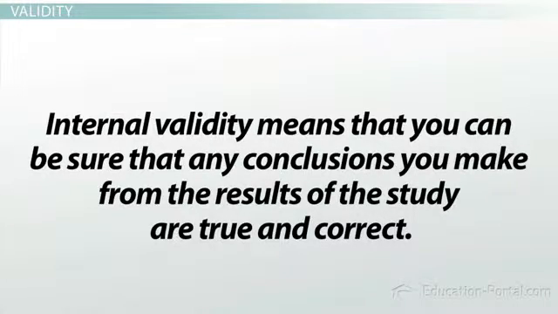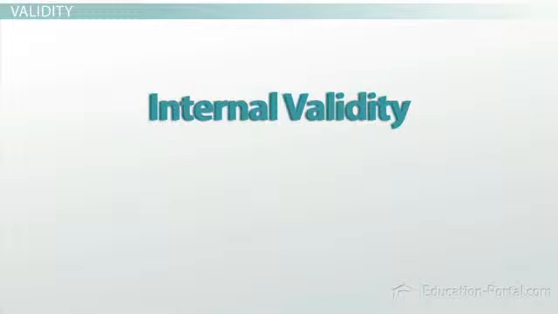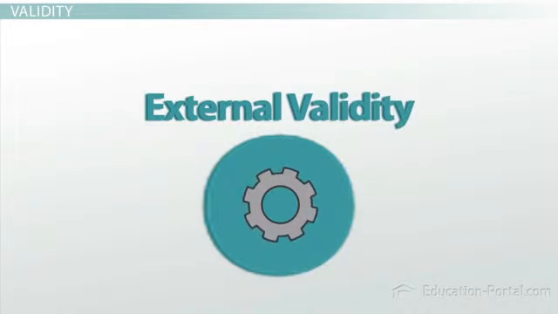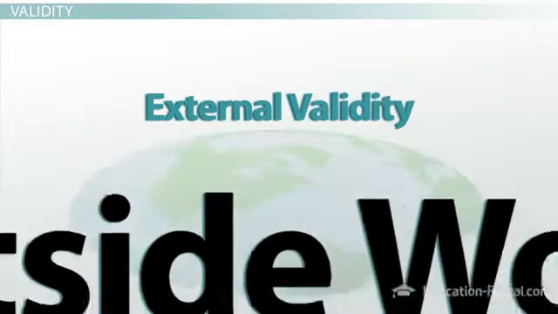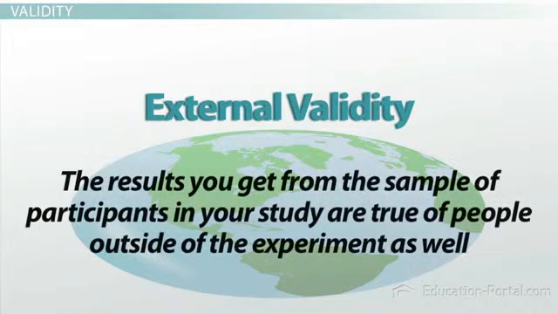Another type of validity is called external validity. While internal validity was relevant to the inner workings of the experiment, external validity is about the bigger outside world. The definition of external validity is that the results you get from the sample of participants in your study are true of people outside of the experiment as well.